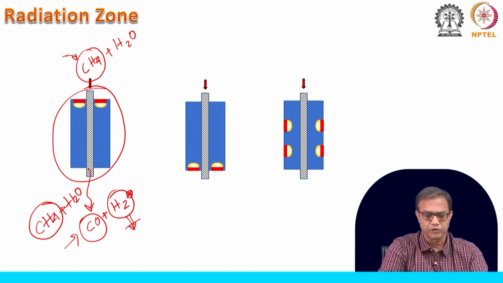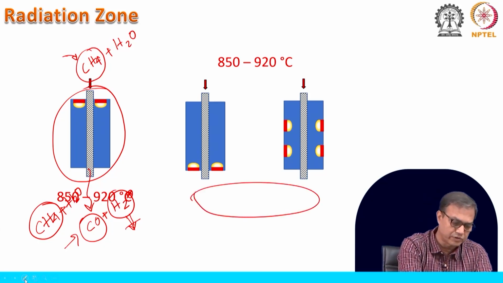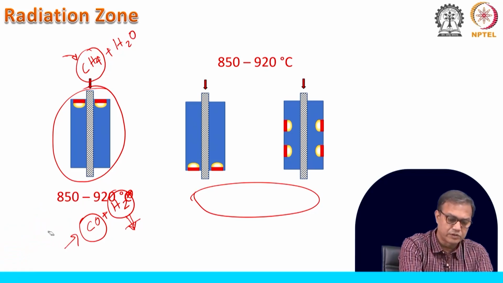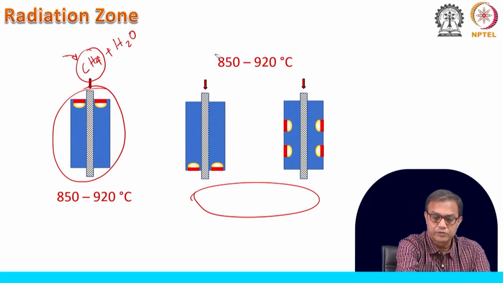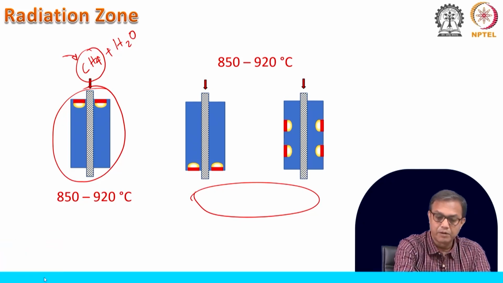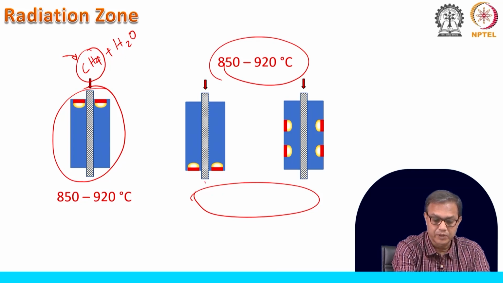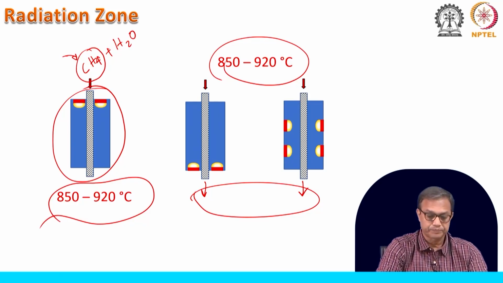And typically, if we look at the temperature at this point, I am sorry, this is not visible here. This is coming out from the radiation zone, it is the convective zone. So, 850 to 920 is the typical temperature at which the gas, or the reactants, are coming out.